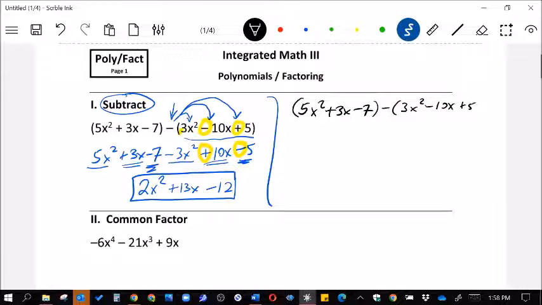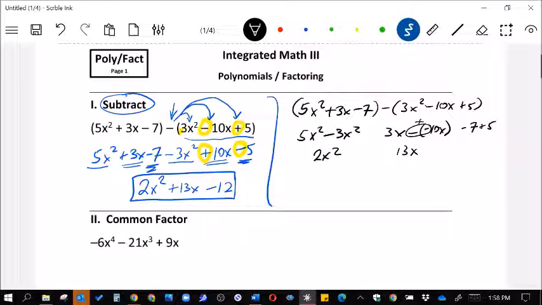Another way to look at it is to think of it as the 5x squared minus the 3x squared, and then the 3x, and recognize that it's subtracting the negative 10x, and then the negative 7 plus the 5. So here we still get the 2x squared. Here, these two negatives become positive, so we still get the 13x.